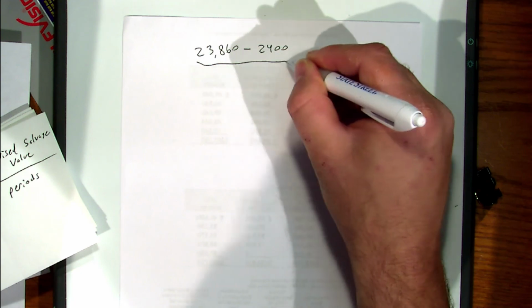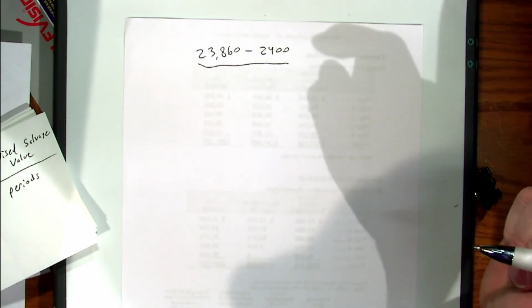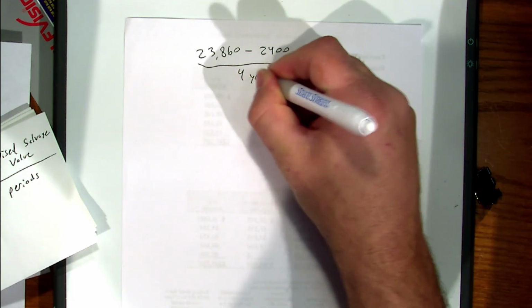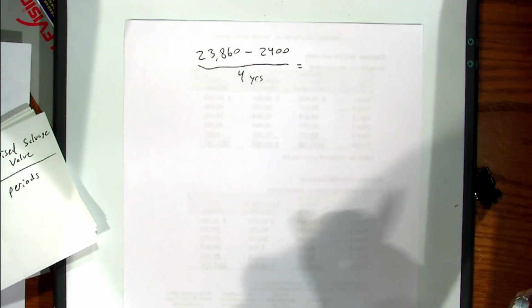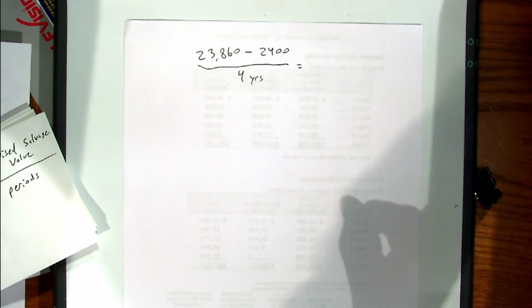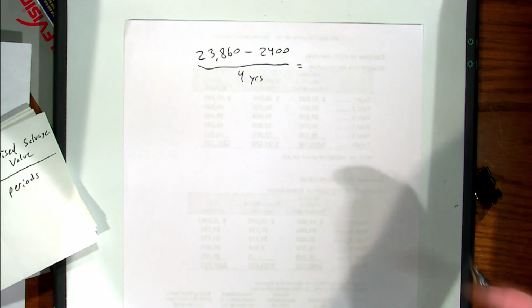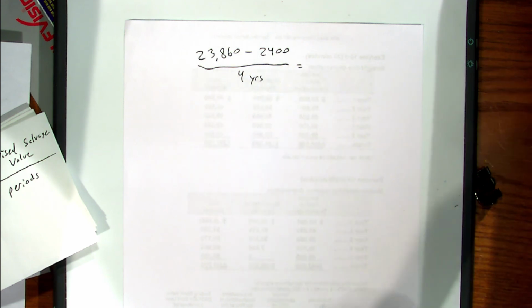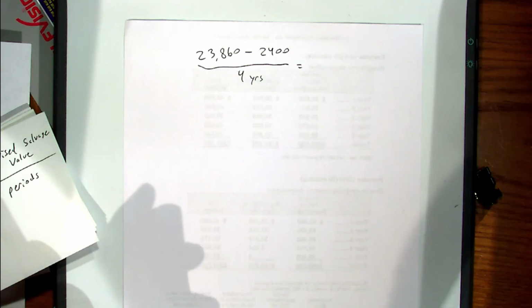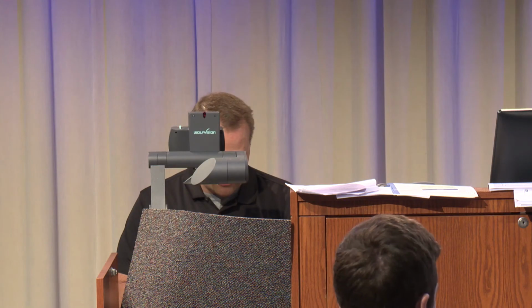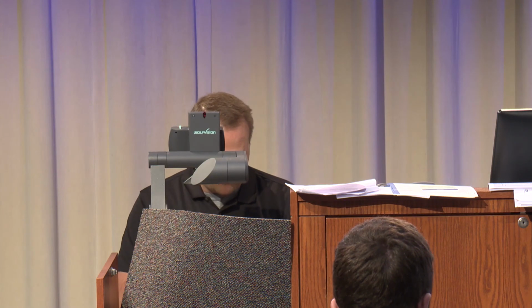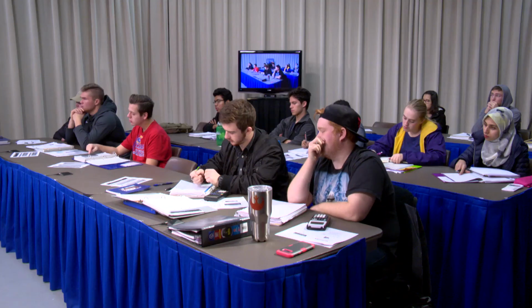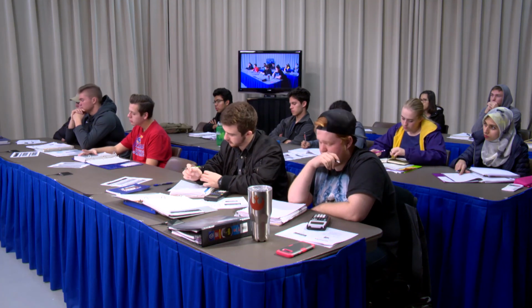And what was the original estimated life? Okay. So, if we do that, what does that equal? Let me bang that out on my calculator. 23,860 minus 2,400 divided by 4 equals... I did it wrong.